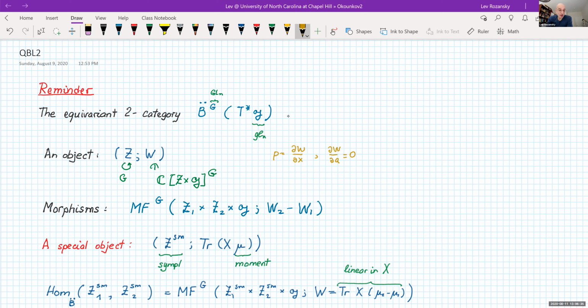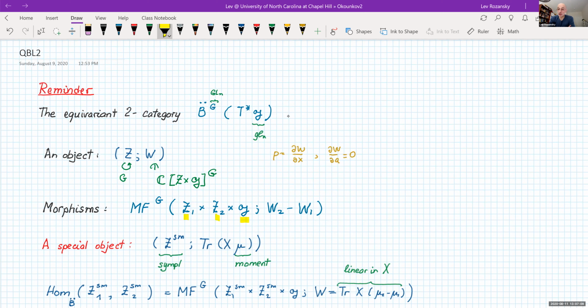So the morphisms between two such objects naively would be coherent sheaves over the intersection of these fibrations. But precisely this is the category of matrix factorizations of the difference between superpotentials over the common base G. See, this is common, and then you also have these auxiliary parameters from both objects.